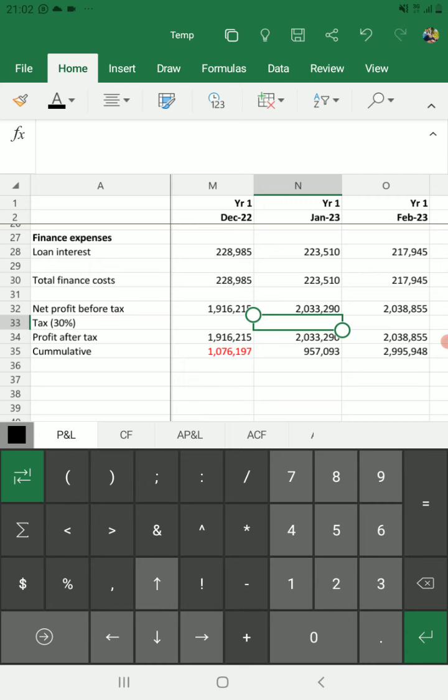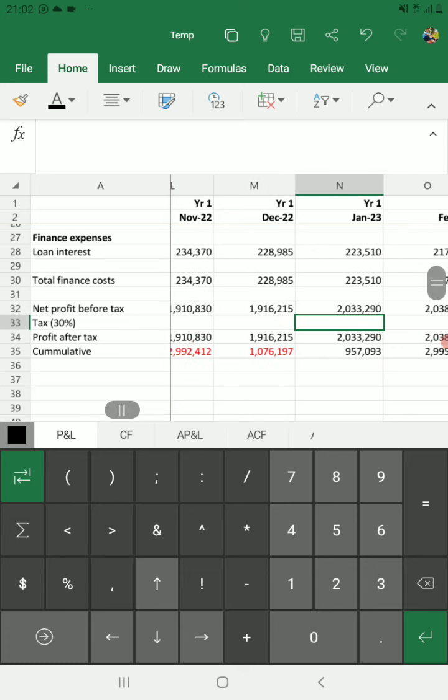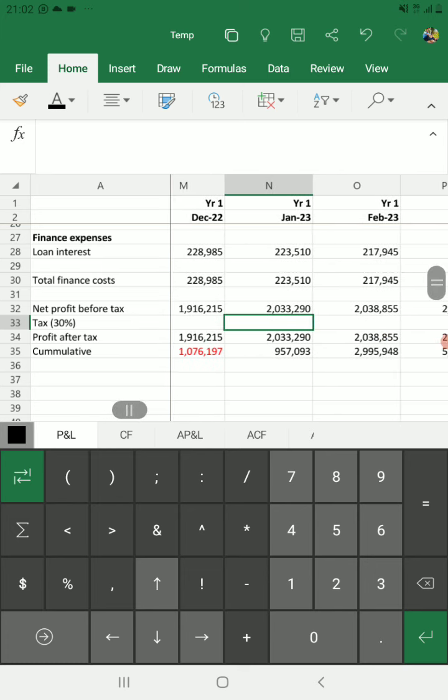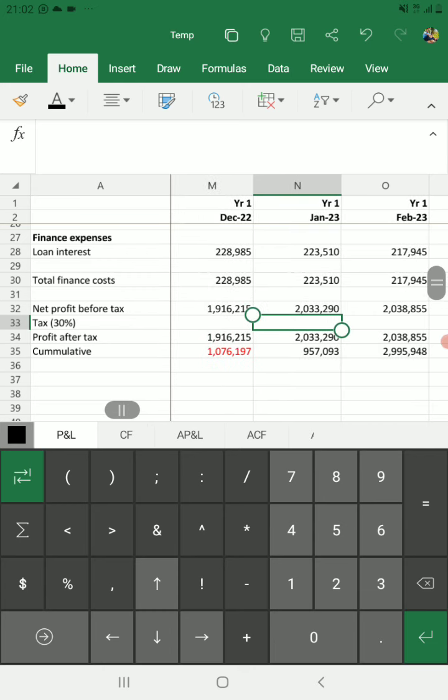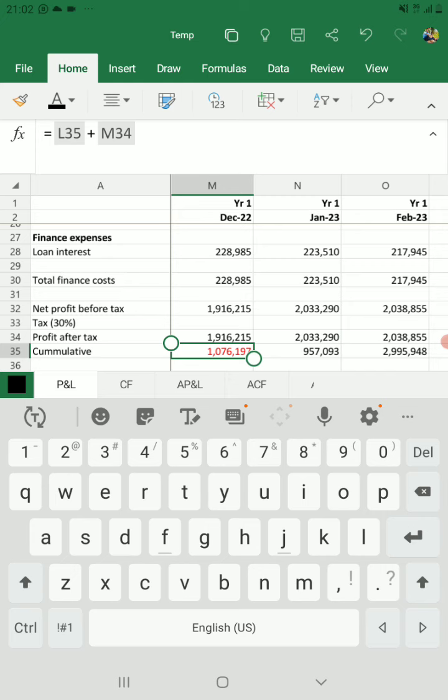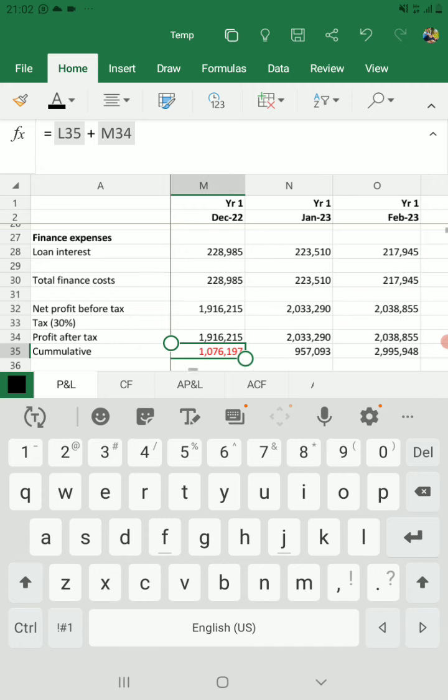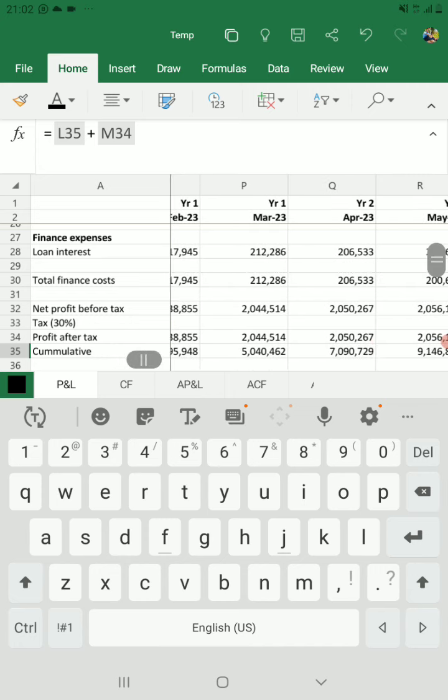So to solve this problem, we can use a formula here, applicable so long as once you have exhausted the cumulative net loss, you will not have the cumulative loss again.